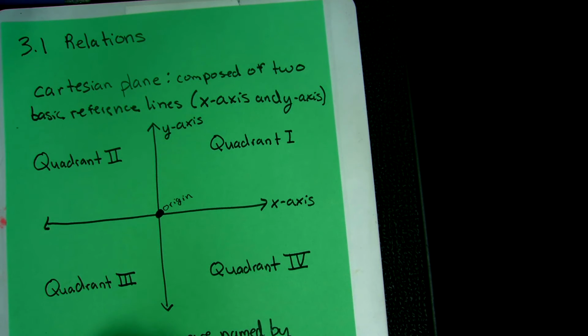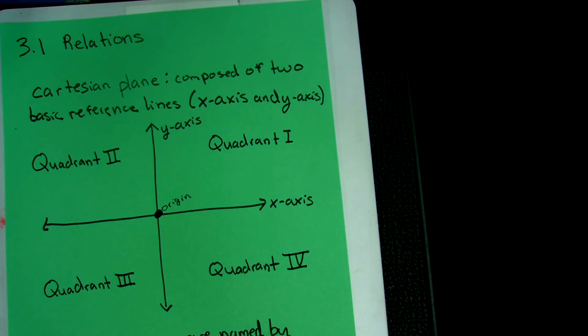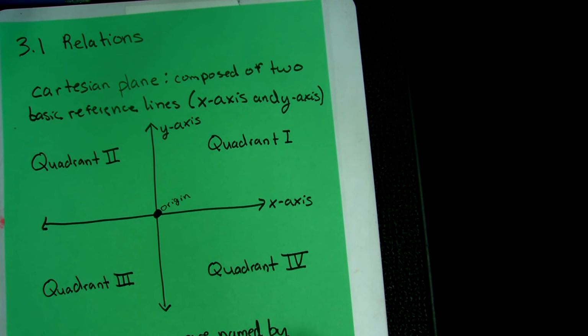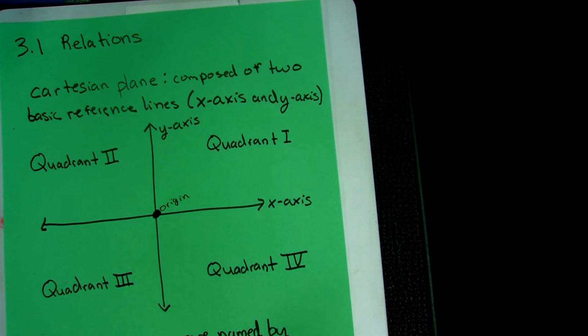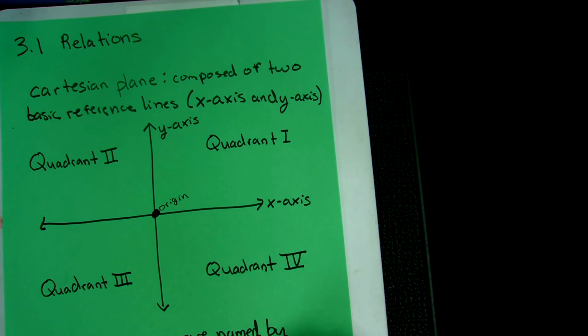Ordered pairs look like this: an open parenthesis, an x value, a comma, and then a y value, and then a close parenthesis. The first number in an ordered pair we call the x-coordinate. And then the second number in an ordered pair is what we call the y-coordinate.